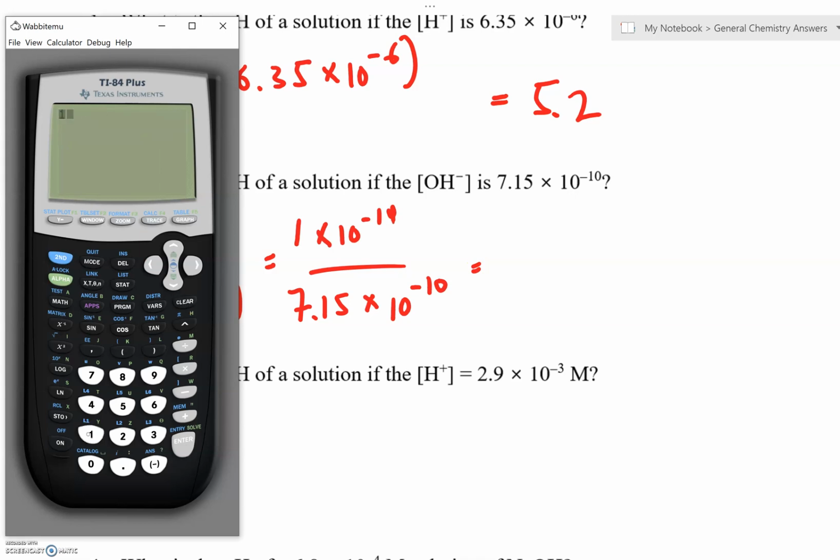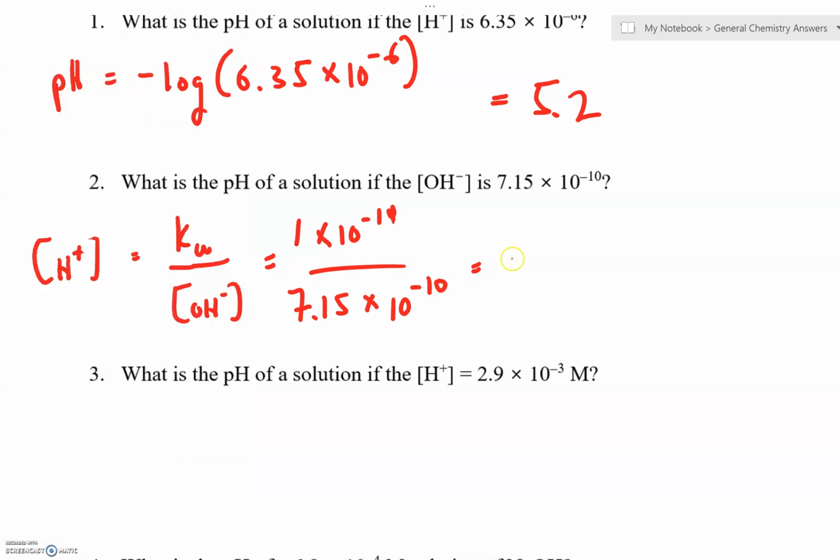We're going to have 1 times 10 to the negative 14th. Whoops, didn't take the shift button. 1 times 10 to the negative 14th divided by 7.15 times 10 to the negative 10th is 1.398 times 10 to the negative 5. I'm going to round that up to 1.4 times 10 to the negative 5.